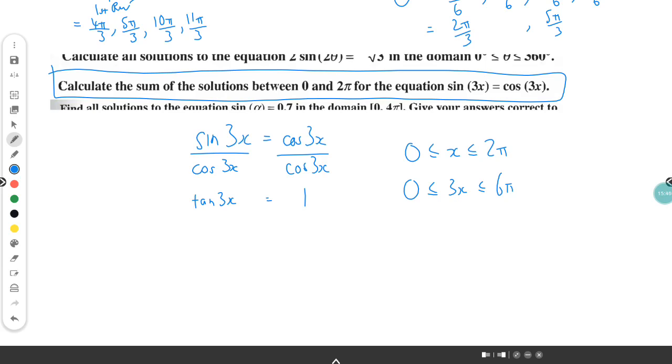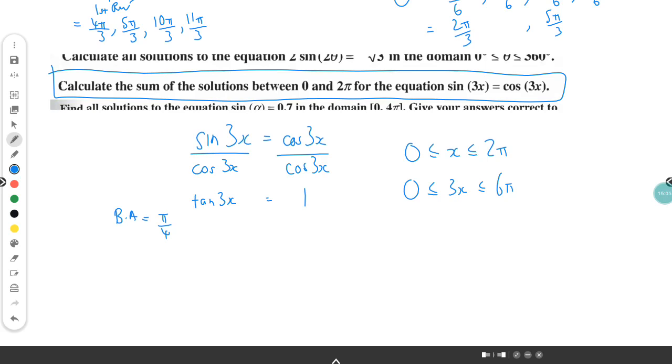So we're tripling the domain here because it's 3x instead of x. Right, back to the basic angle. Maliki, which angle has a tan value of 1 according to the table? Pi on 4? Okay, so pi on 4 is the basic angle.